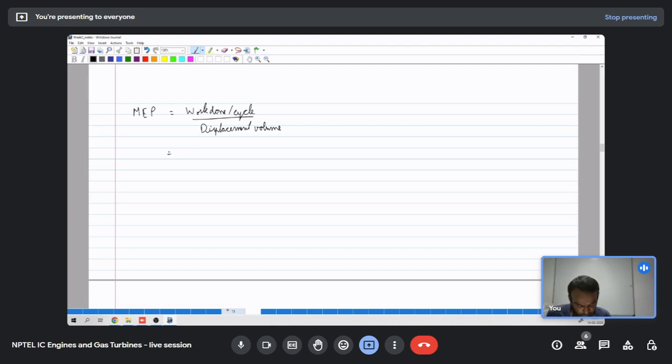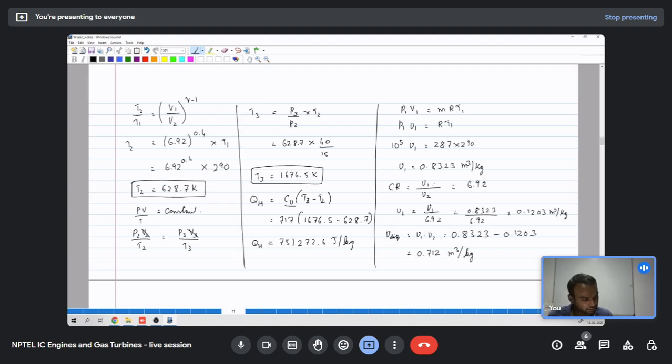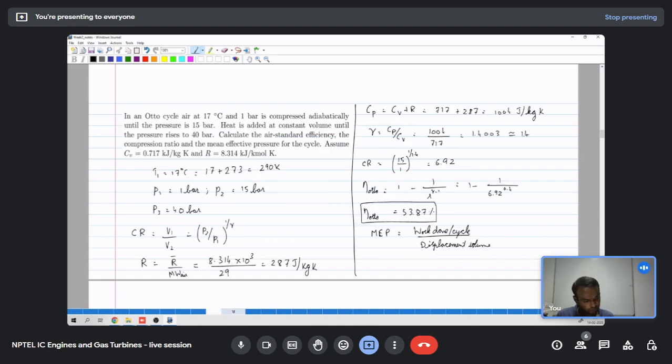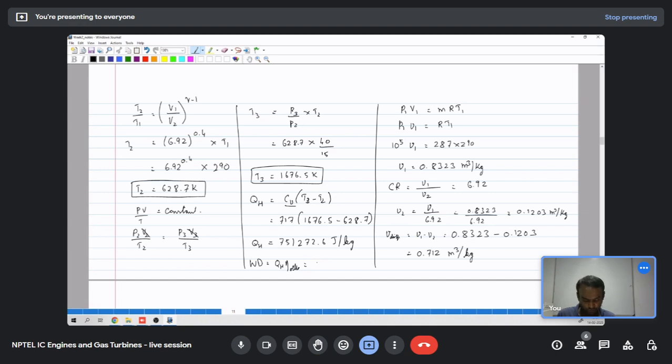Work done per cycle, we had only QH, so work done is equal to QH into eta Otto, which is 751,272.6 into the Otto cycle efficiency, that is 0.5387. So we have 404,710 joule per kg.